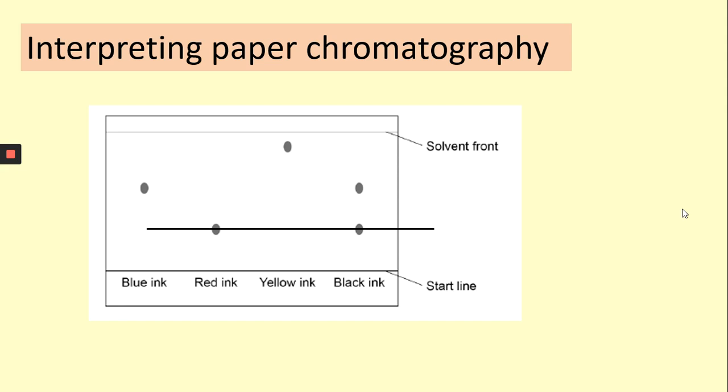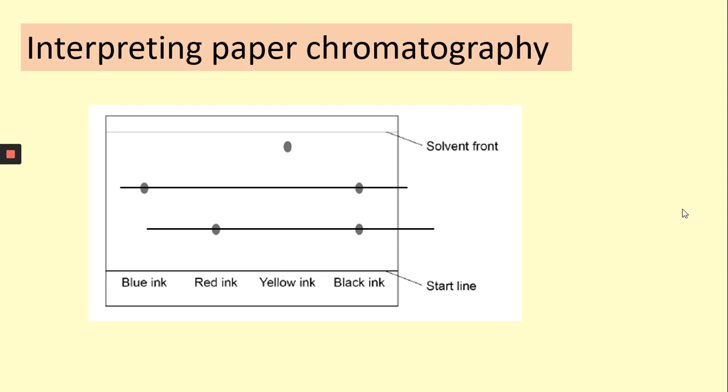So that tells us that that black ink could most likely have that red ink in its components. We can also see that there's a spot in the blue ink, which is in line with one of the spots in the black ink. That could again tell us that that black ink contains the blue ink. There's no spot in line with the yellow ink, so that yellow is not in that black ink.